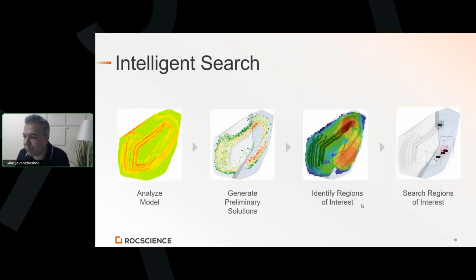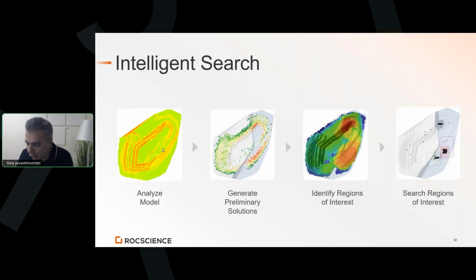Then we identify the region of interest. Based on these preliminary solutions, we find out what regions can be more critical. We haven't started searching yet. We're just analyzing our model to see where it can be more critical. Then we do clustering and focus on specific regions, a lot of them, and search closely in those regions as well.